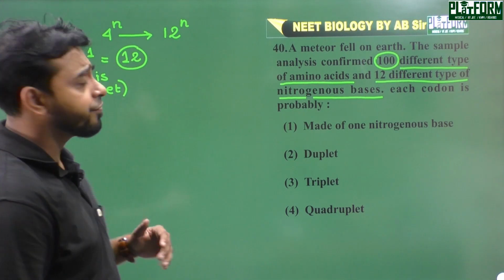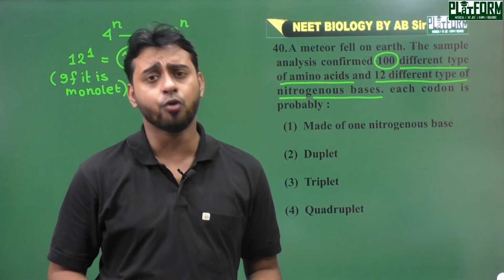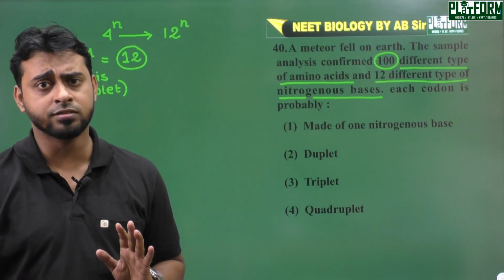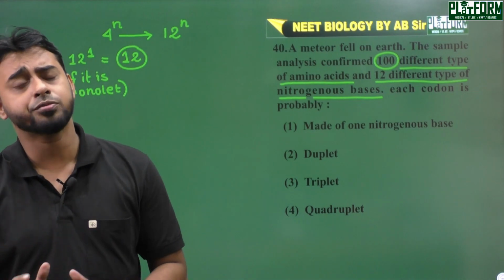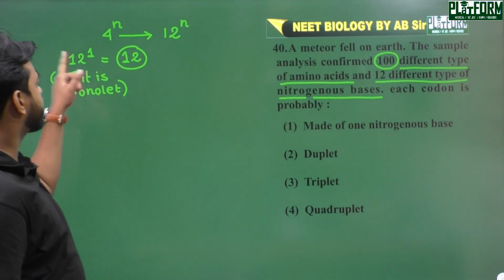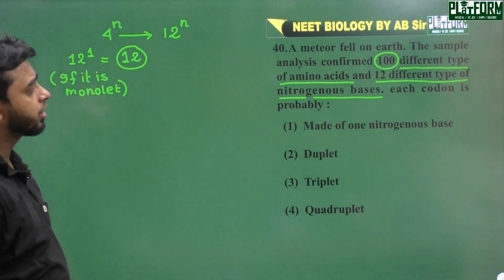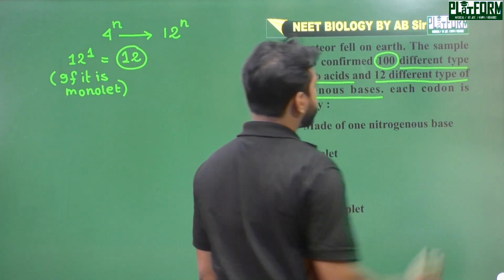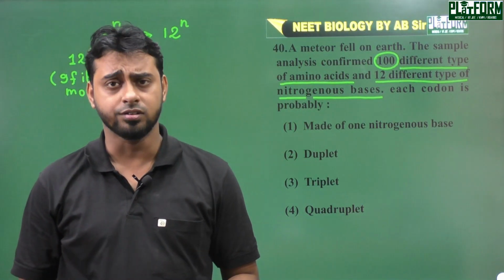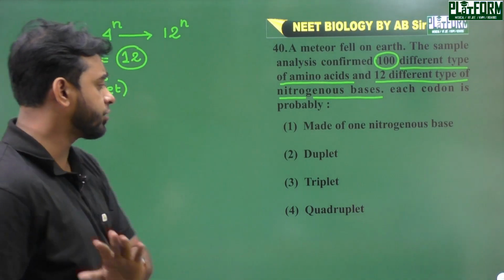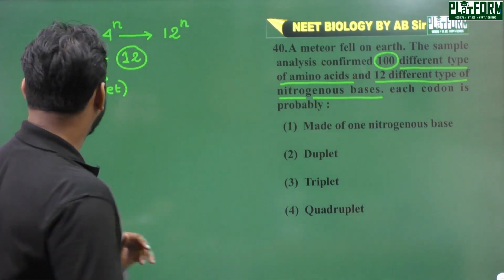So, 12 different types of codons may be possible, and we know that one codon equals one amino acid. So, 12 different types of amino acids are possible if the genetic code is monolith. Here it is given, it is responsible for 100 different types of amino acids. Fine. So, definitely the genetic code is not at all monolith.